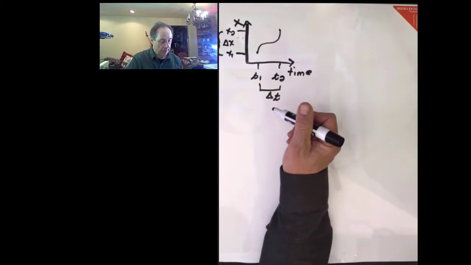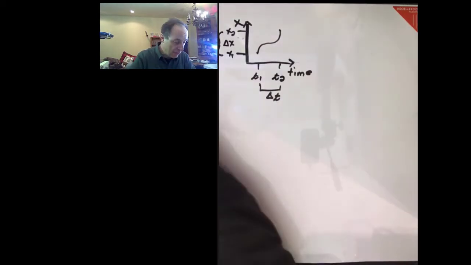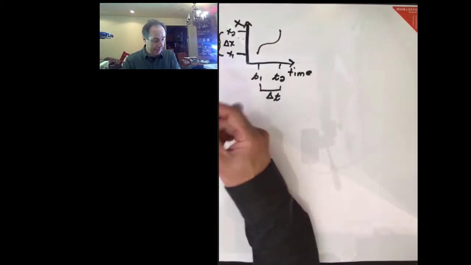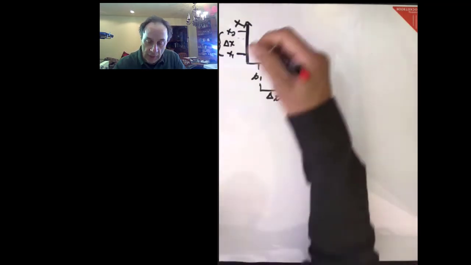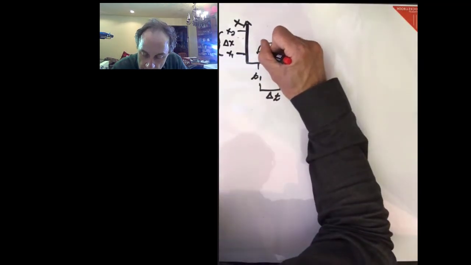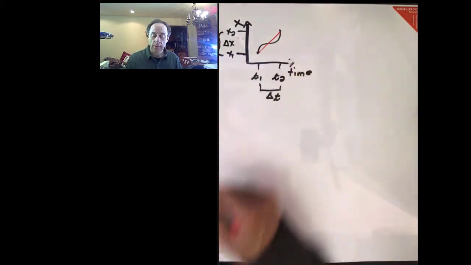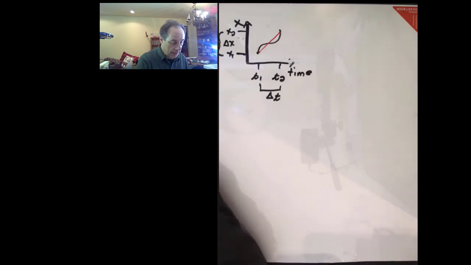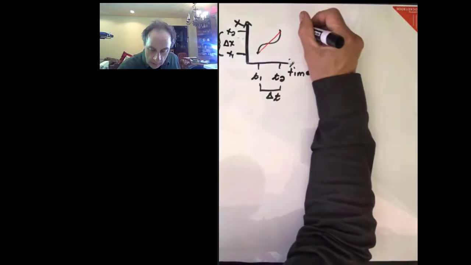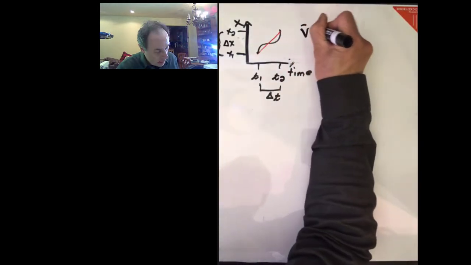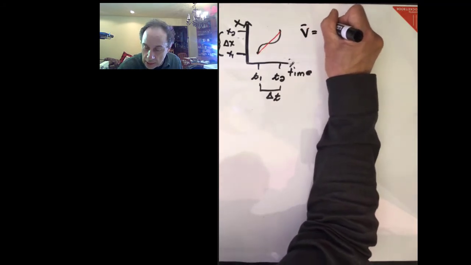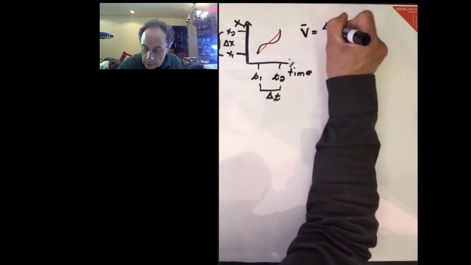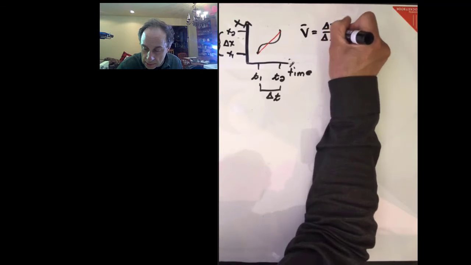Alright, so the average velocity is going to be the slope of that line connecting them. That average velocity is the change in x over the change in t.